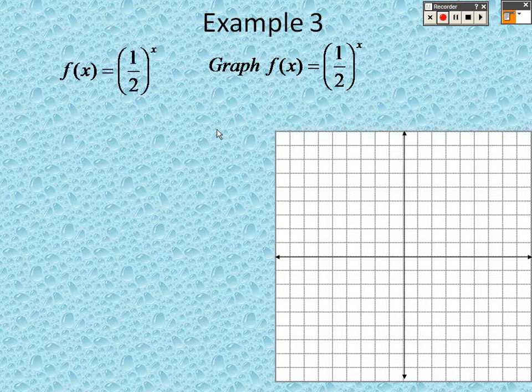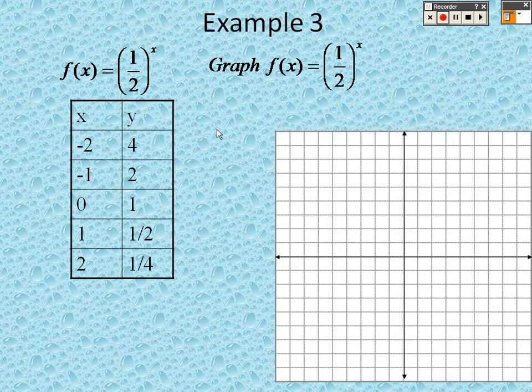So take a look at this. We want to graph that. That's a fraction now, so it's actually in between 0 and 1. So when you go and graph that, here's your table. So it's negative 2, 4, negative 1, 2, 0, 1, 1, and then a half, and 2 and a fourth. And there it is. Now notice how this is going down from left to right. Okay, just something else to notice.